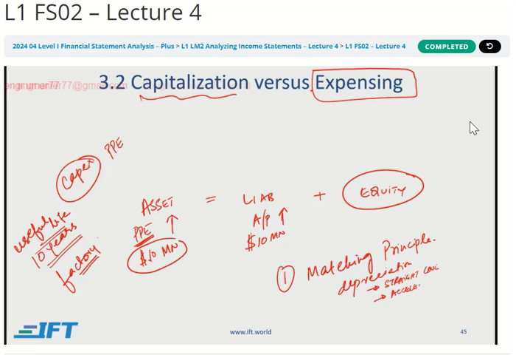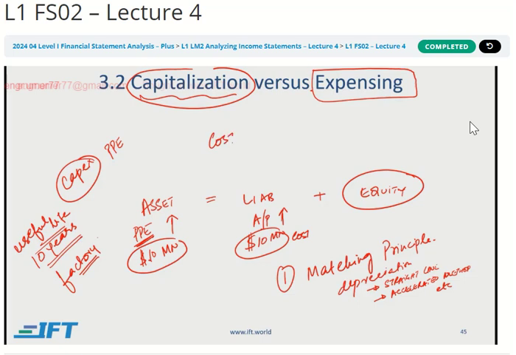and there will be a separate learning module in which you will know about all these different methods. But the point is that this asset's cost has to be initially capitalized and then expensed. So the cost, this 10 million cost, is not going to be directly expensed.